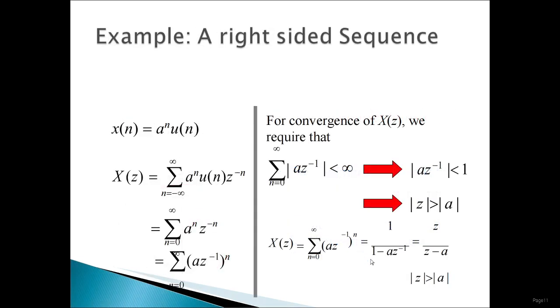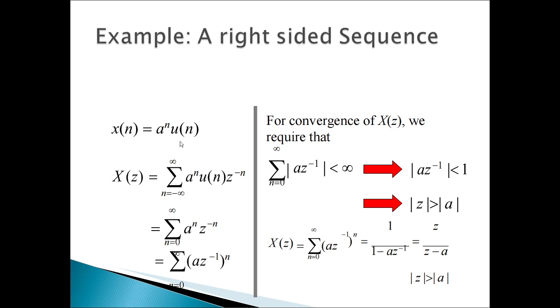Then, as an example, I am going with a right-sided sequence. We have a discrete time signal x(n) equals a to the power of n into u(n). We know that u(n) is the discrete time unit step signal whose value is 1 for all n greater than or equal to 0.